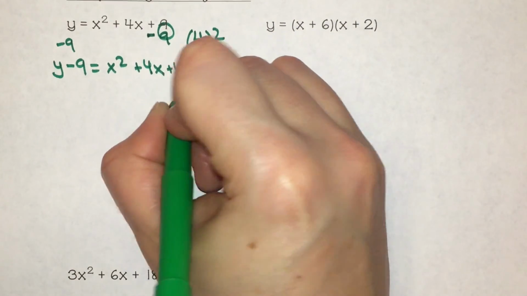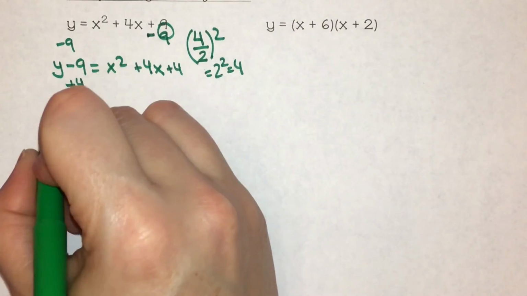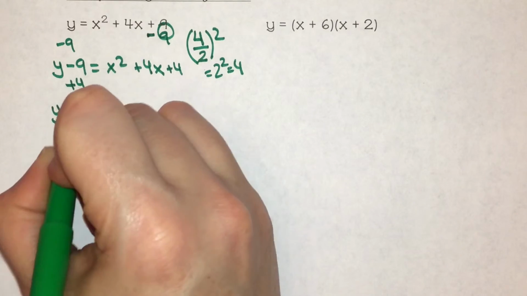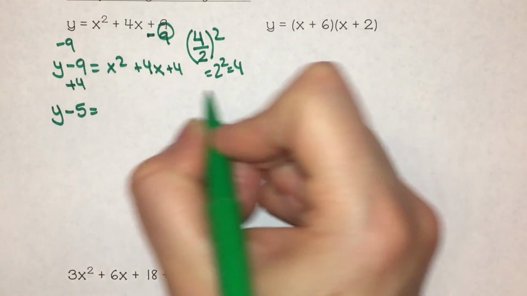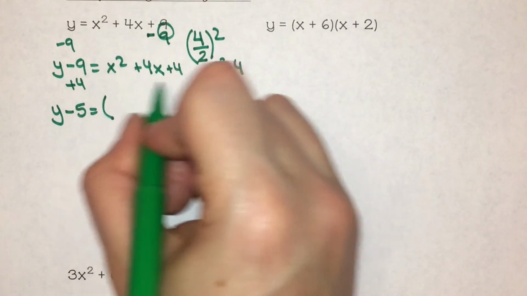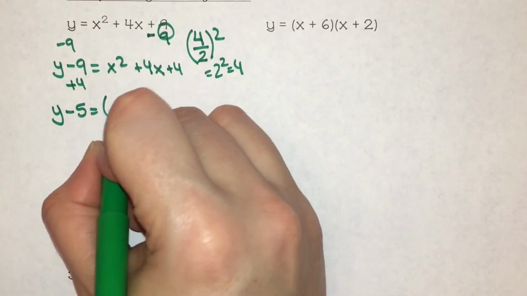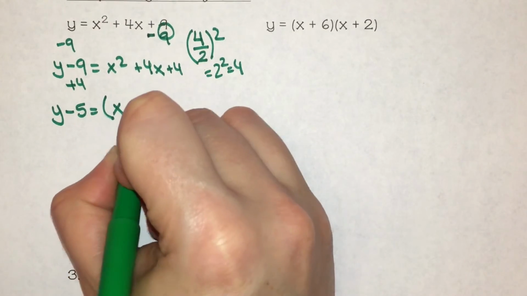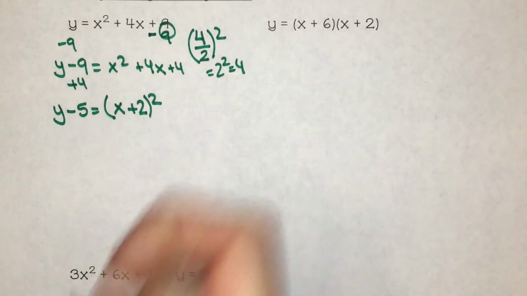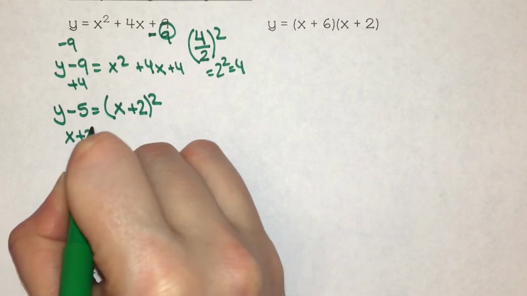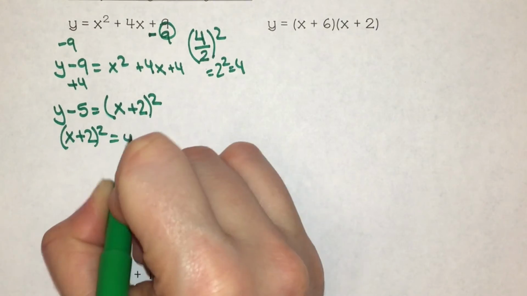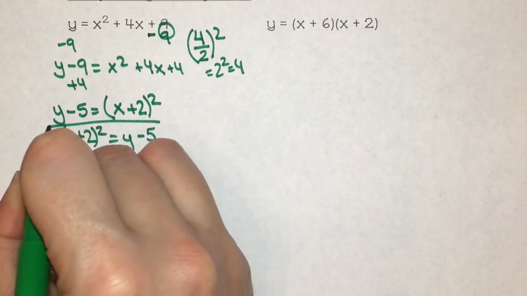So here we're going to add 4 to both sides. So we have y, negative 9 plus 4 is negative 5, is equal to, this side's now a perfect square. Square root of x squared is x, square root of 4 is 2. We have to switch sides. So we have x plus 2 squared is equal to y minus 5.